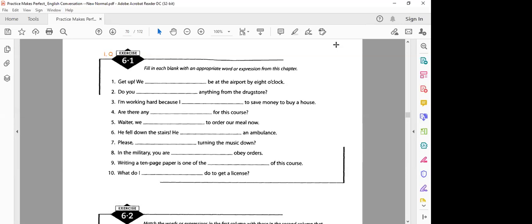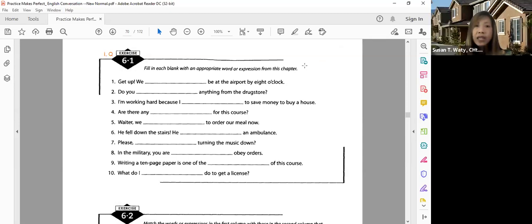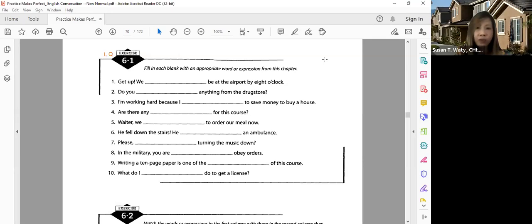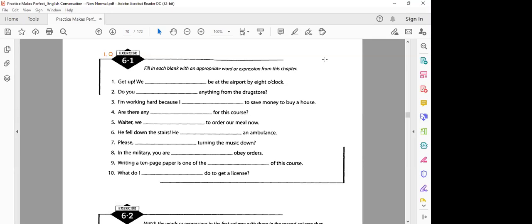"Get up. We have to be at the airport by 8 o'clock." By 8, with the T here, 8 o'clock. So your answer is "have to," correct? Yes. Same as mine. Perfect. Thank you.